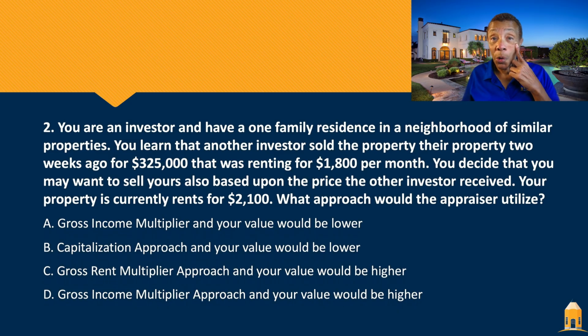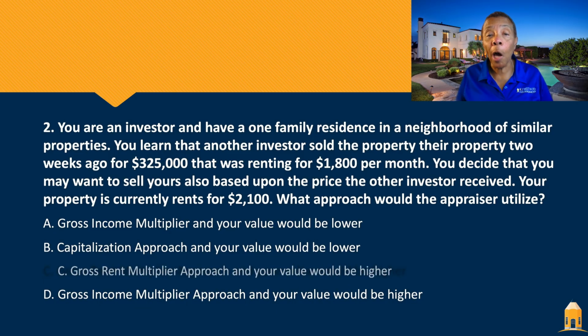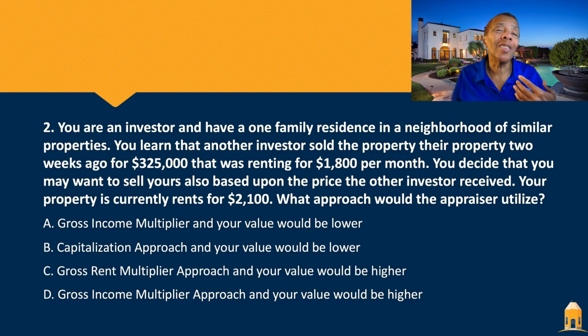Guys, first of all, you need to know what the difference is between income and rent multiplier, right? This is definitely going to be a gross rent multiplier. How do I know that? Because it is under 5 families. So 1, 2, 3, 4, we always use rent multiplier, not income multiplier.